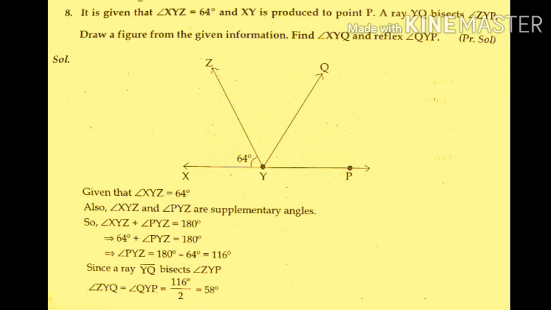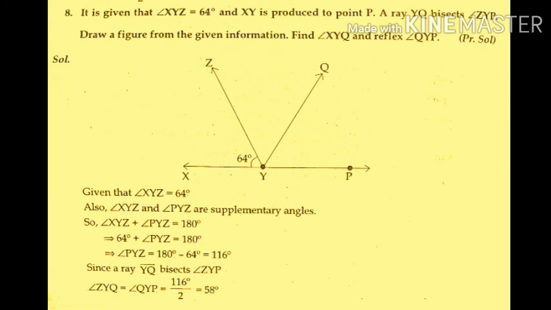Solution. Given that angle XYZ is equal to 64 degree and also angle XYZ and angle PYZ are supplementary angles. So, angle XYZ plus angle PYZ is equal to 180 degree, and substitute angle XYZ value, that is 64 degree, plus angle PYZ is equal to 180 degree.